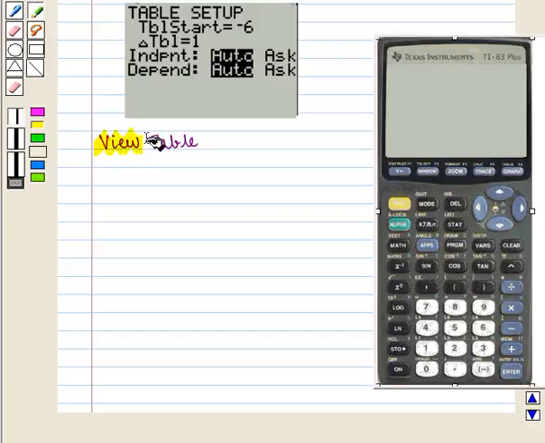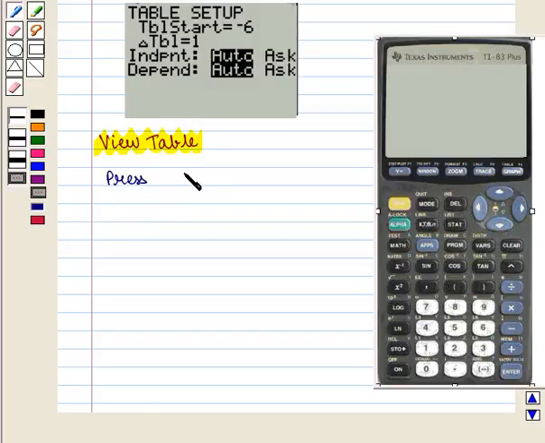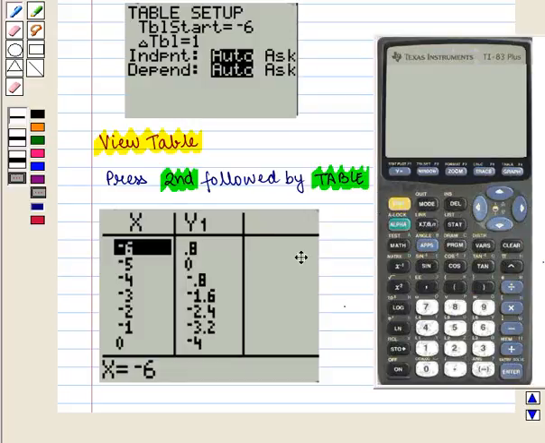Now we shall view the table. We see that table is written above graph. So we press second, that is this key, followed by table. We get this table on the screen.